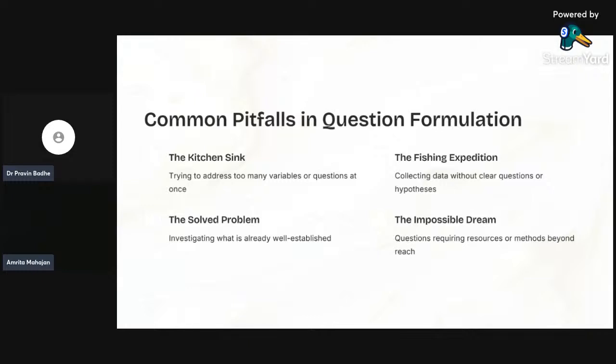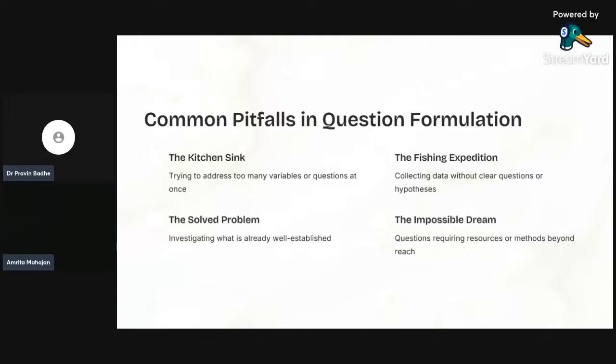And the impossible dream: this pitfall is about asking questions that require resources or methods beyond your reach. It could involve a lack of funding, or specialized equipment that you don't have access to right now.